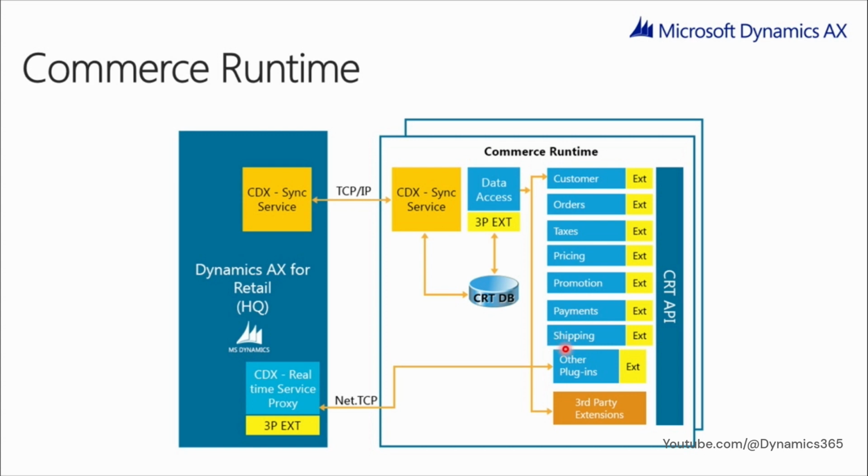Other than this, if some customizations are required for customers when you implement an online store for them, you may need to write other plugins of services on top of the Commerce Runtime Services by extending it.